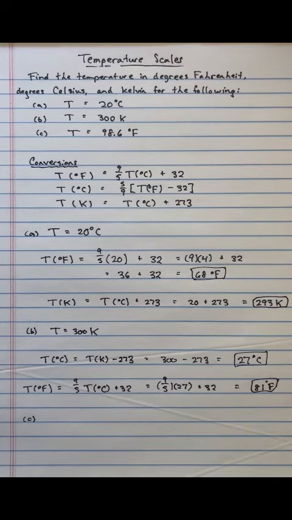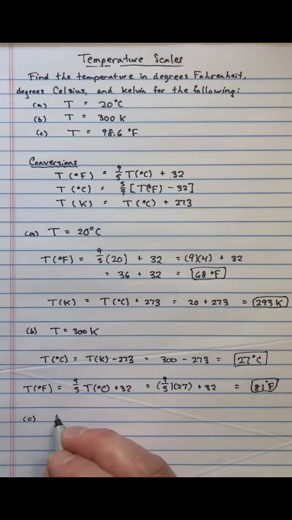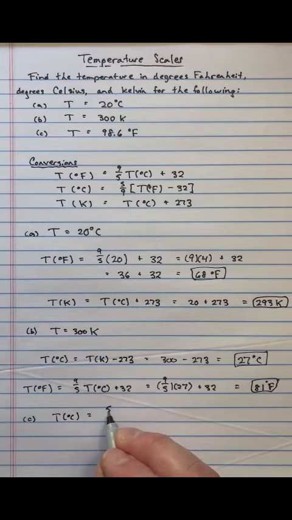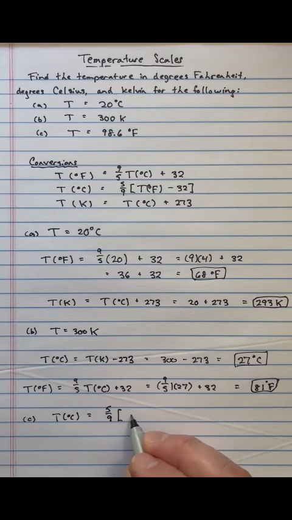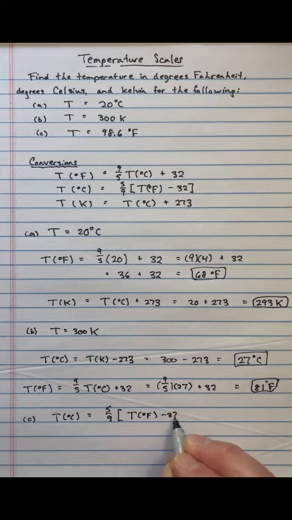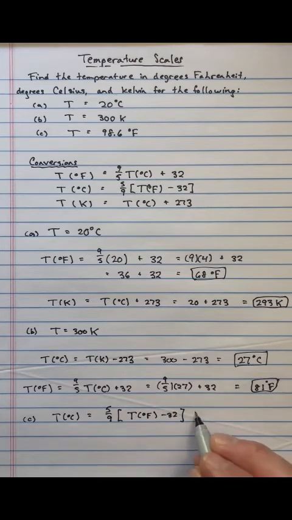But it turns out it's even a physics or math misnomer, and here's why. So let's suppose we go ahead and convert the temperature in Fahrenheit to the temperature in Celsius, and I'll show you what happens. So temperature in Celsius is 5/9 multiplied by this calculation, temperature in Fahrenheit minus 32, like that.